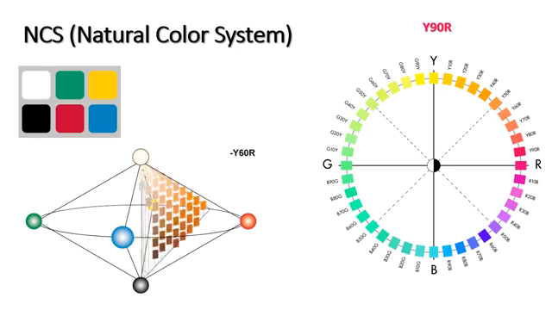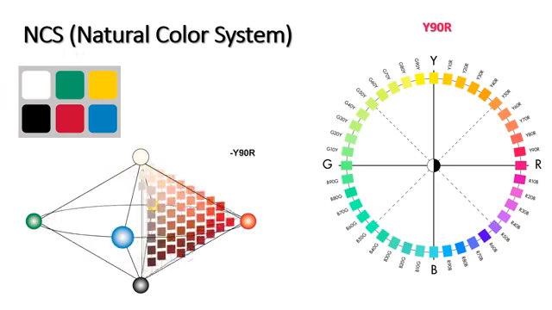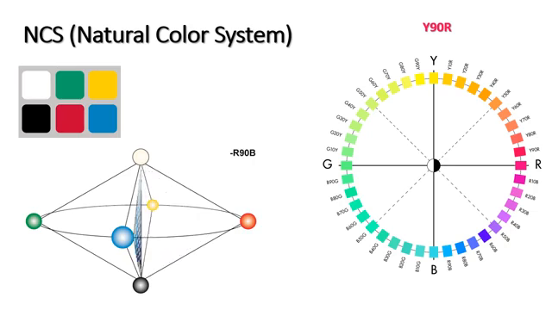As far as the structure of the NCS color system is concerned, NCS is based on 6 elementary colors: yellow, red, blue, green, black and white. The 4 bright colors are arranged so that they form a circle.